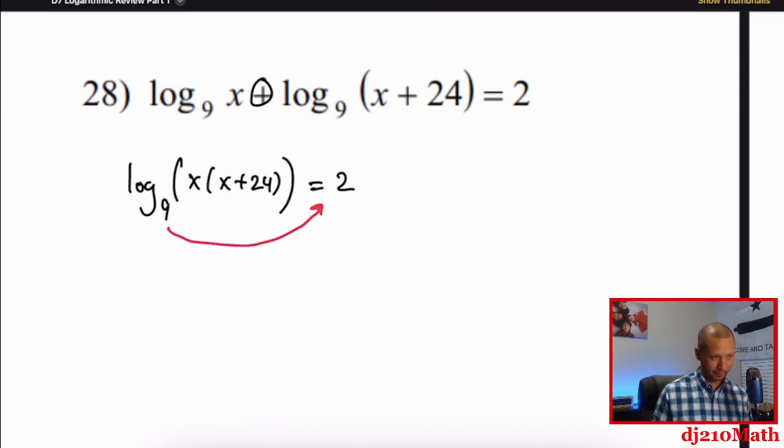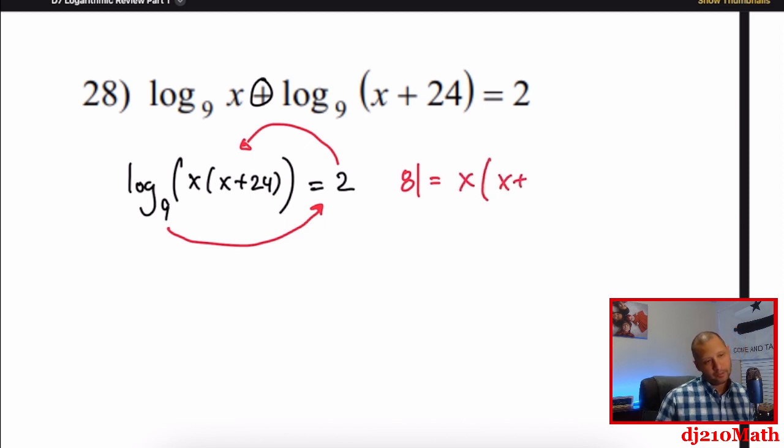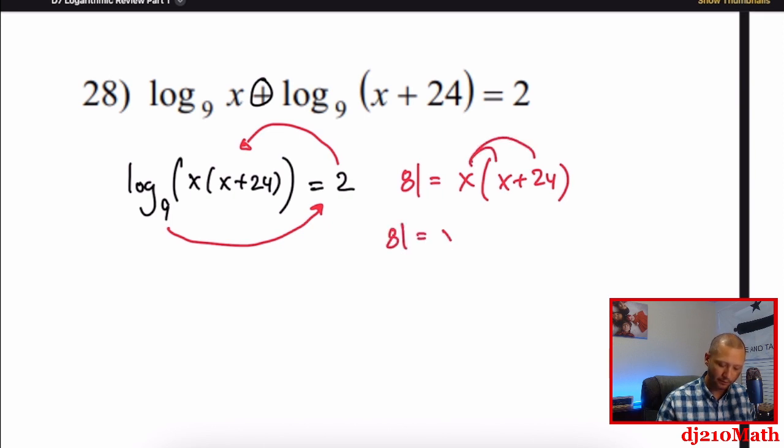So 9 squared is 81. And this is going to equal x times x plus 24. Okay, here, since we've got to get x by itself, we have to distribute. There's no way around this one. So when you distribute, 81 is equal to x squared plus 24x.